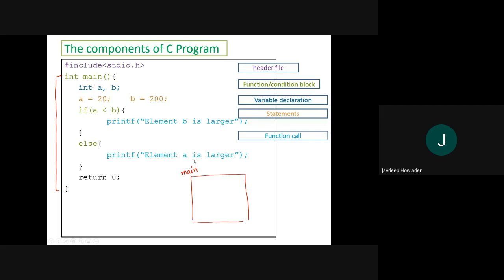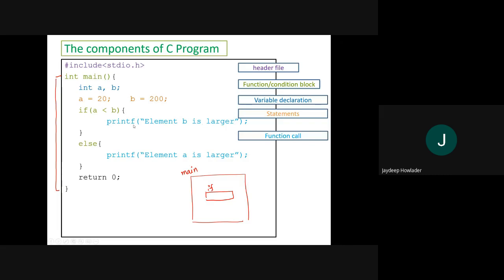Then in the main block we have the declarations of the variables A and B. Then we have initialized the variable A equals 20, B equals 200. Then there is an if block, and the if block always has a condition. If A is smaller than B, then we have to execute this statement, and executing this statement is to display in the console the sentence: element B is larger.